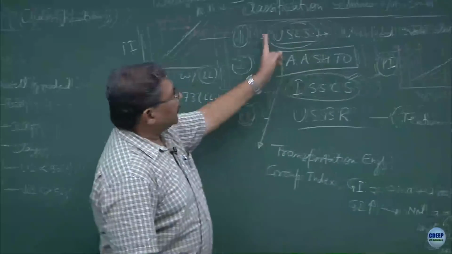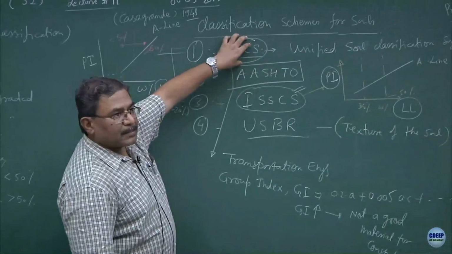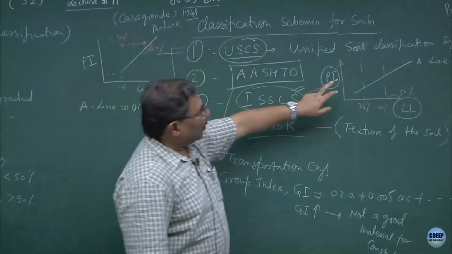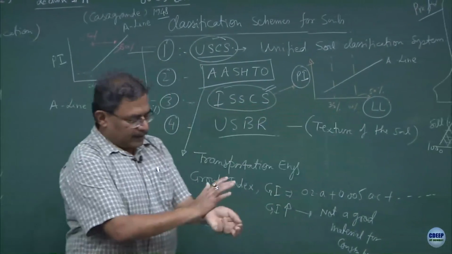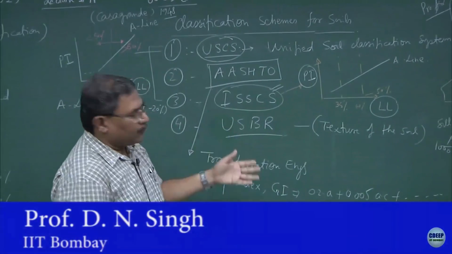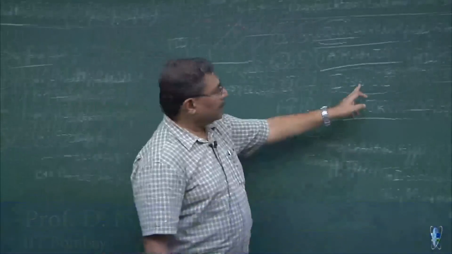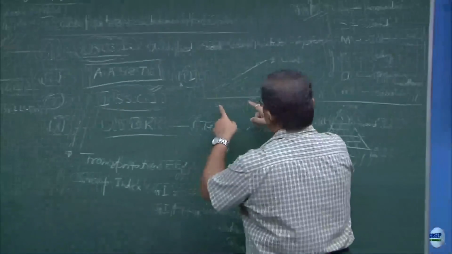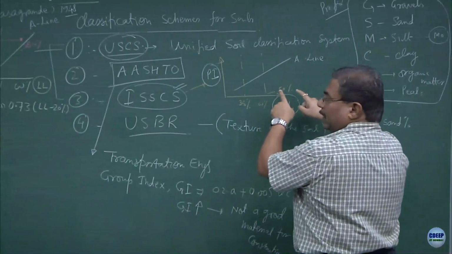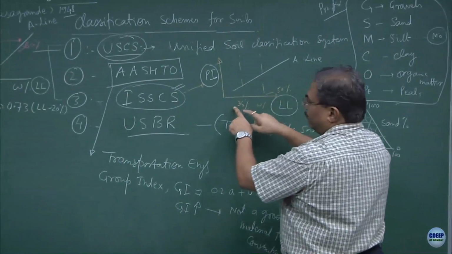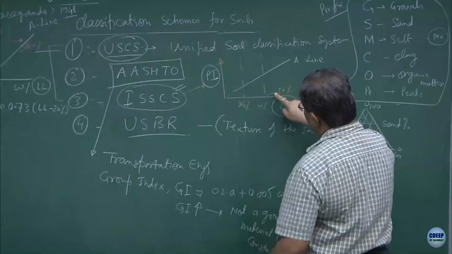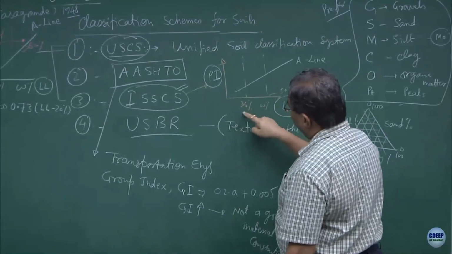So, mostly international researchers use the USCS classification scheme, plot plasticity index with liquid limit and then classify the soil. As far as Indian practices are concerned, we follow ISSCS, where we differentiate between high liquid limit and low liquid limit. So, high liquid limit is 50% and low liquid limit is 35%.